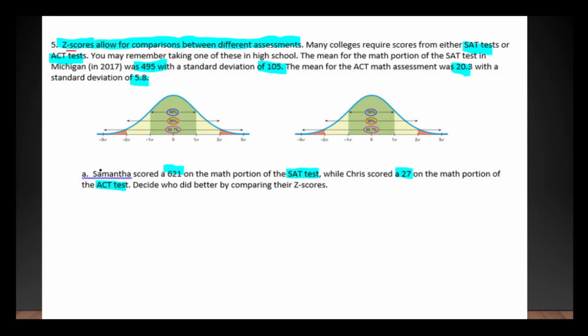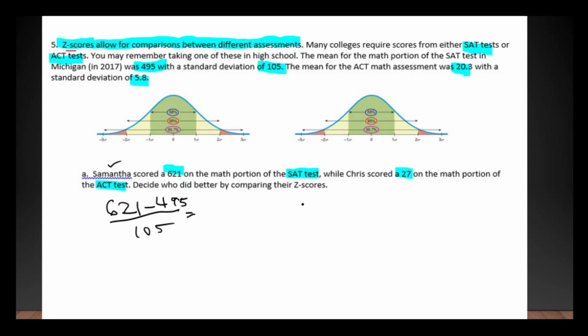So the z-score for Samantha would be her score minus what the average score is, divided by the standard deviation. So we're going to get her z-score.